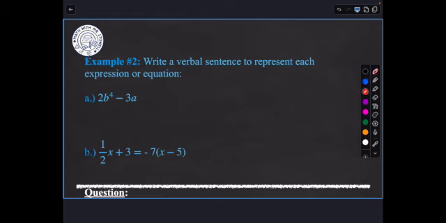So let's do it this way. We have, let's go, twice some number raised to the power of 4. Let's go twice some number. I'm going to do raised to the power of 4.